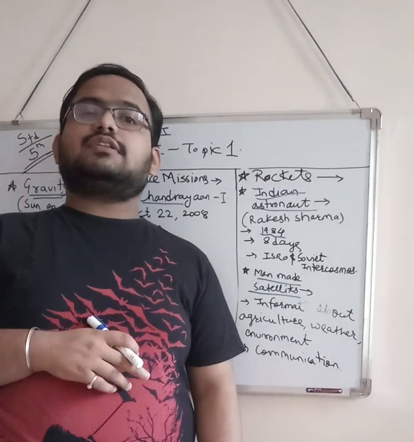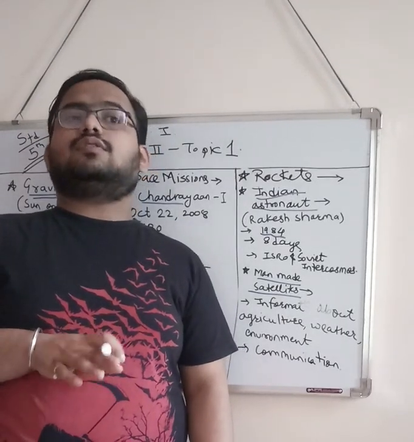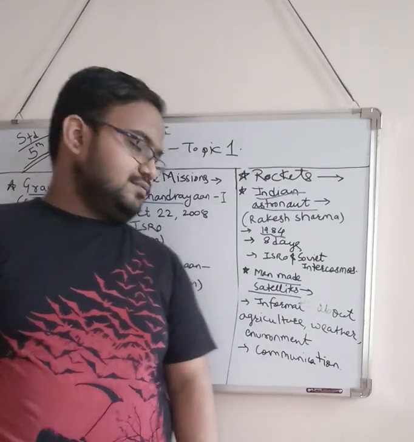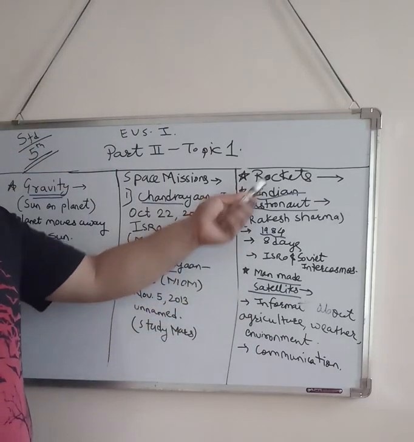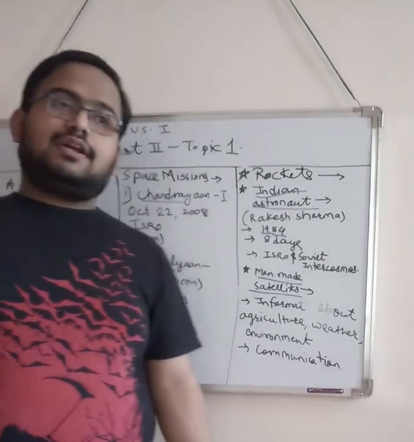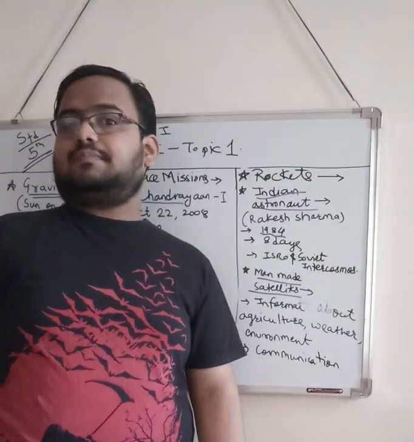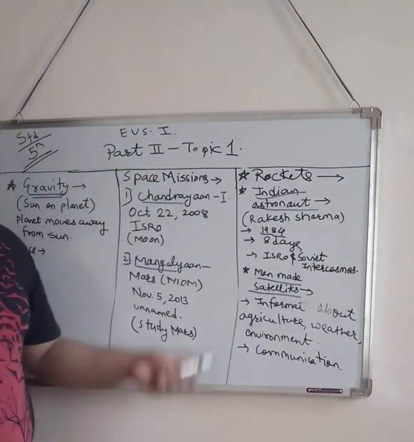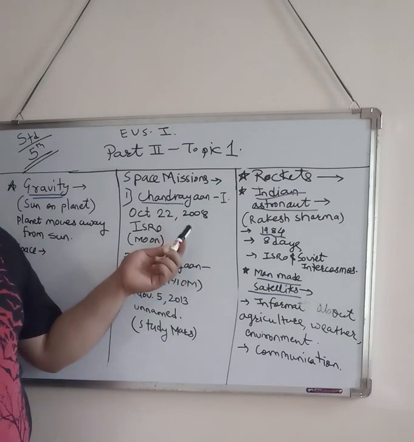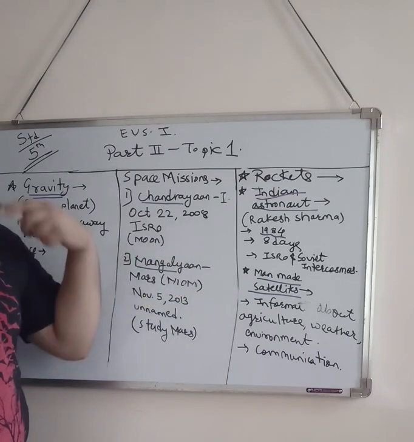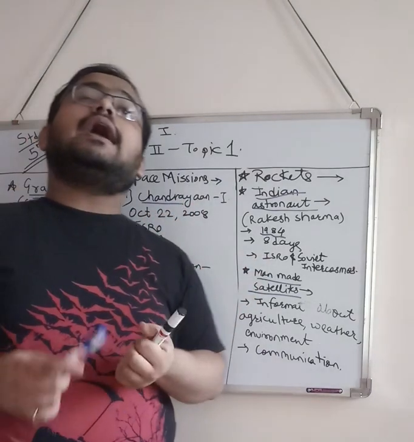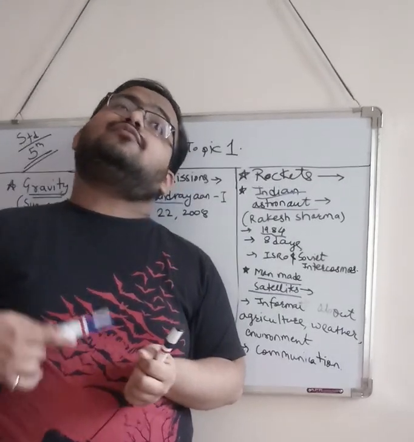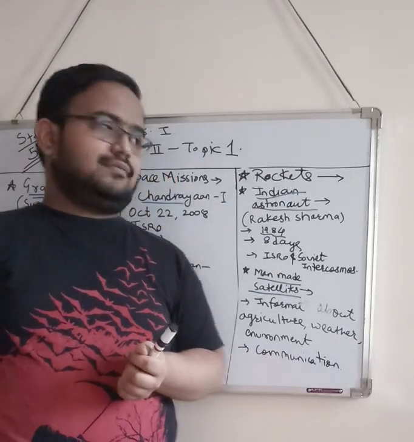In both these missions, there were no human beings on the spacecraft. Next, rockets. In Diwali rockets, a lot of chemical substances are packed so that they can go in a certain direction. But the rockets sent for space missions need a high amount of energy. A high amount of fuel needs to be burnt.